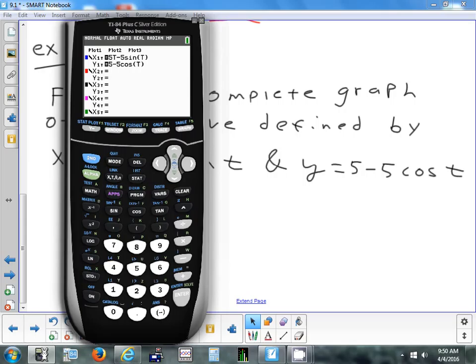Now, this one, they don't give us a parameter, so you can pick whatever you want. Let's just try -20 to 20. Leave the t-step where it is. That's fine.